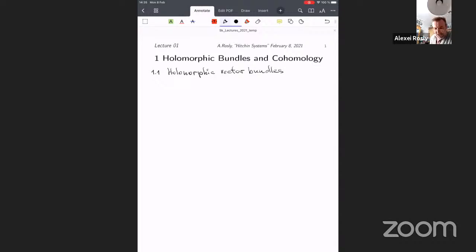This will be a reminder of the subject, the main definitions. The examples will come, I think, on the next lecture. Today we consider only the main general constructions, definitions, and facts.